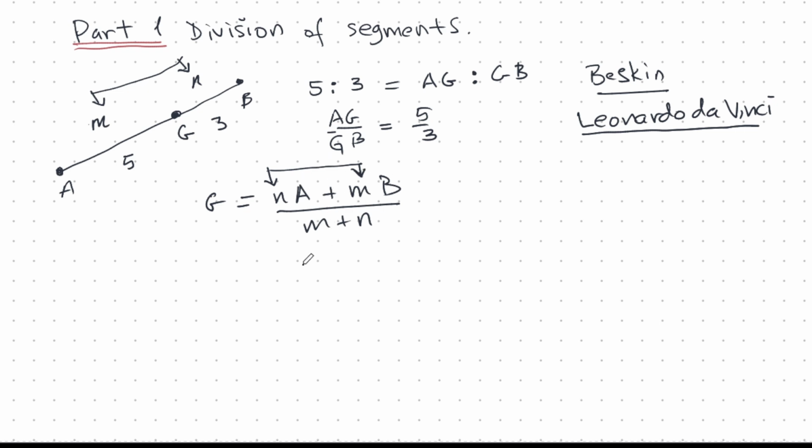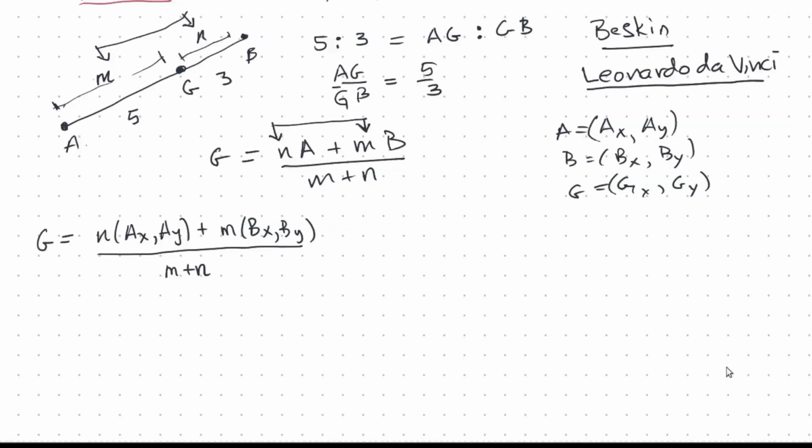Now, in case you want to compute these components carefully, let's say A is (AX, AY), and B is (BX, BY). Well, we want to compute G, which is (GX, GY). We know the A's and B's, we don't know the G, from which we can calculate G by putting in these vectors or points and then just doing the calculation.